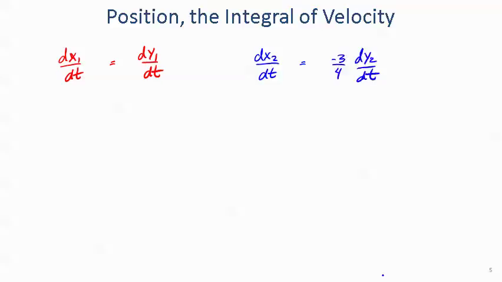So we have the relationships between the velocities along our path, which is dx1/dt is going to be equal to dy1/dt, and we have them for our friend as well, which is dx2/dt is going to equal minus 3/4 dy2/dt.